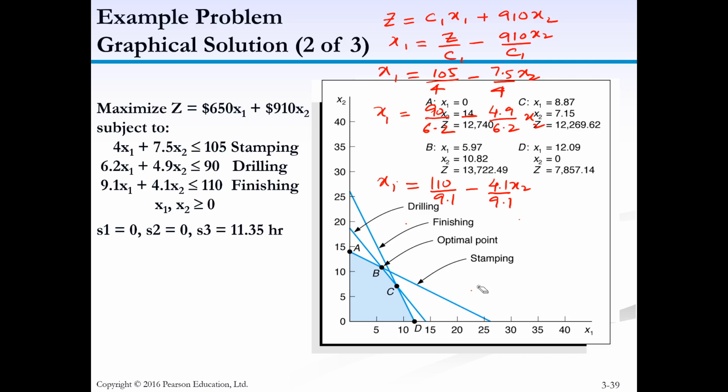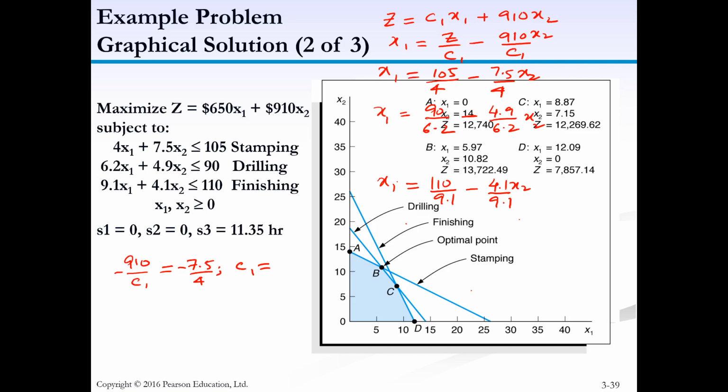So we have 910 over C1 equal to 7.5 over 4, and what we get is C1 equals, and I will use my calculator.